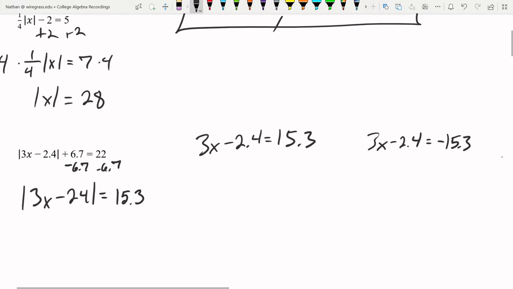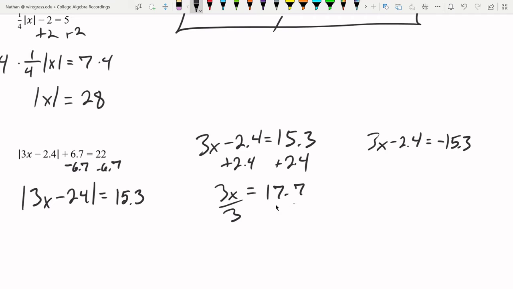Okay, and now these are both linear equations. We can solve them by getting x by itself. That's going to give us 17.7 divided by 3. And that'll give us, use my calculator here, 5.9. Okay, the next, we're going to do the exact same process. It's the same equation.